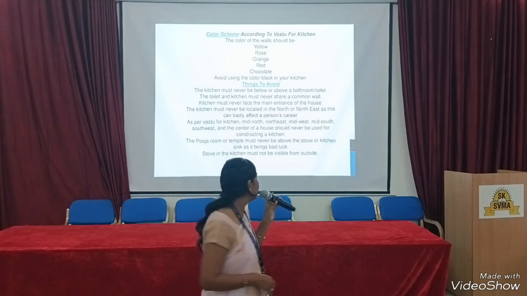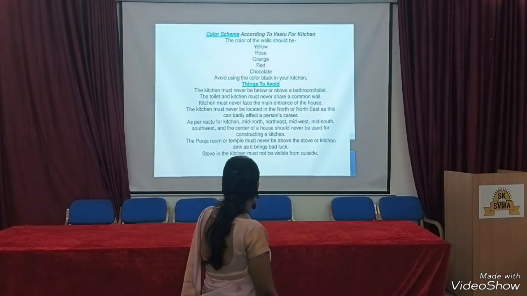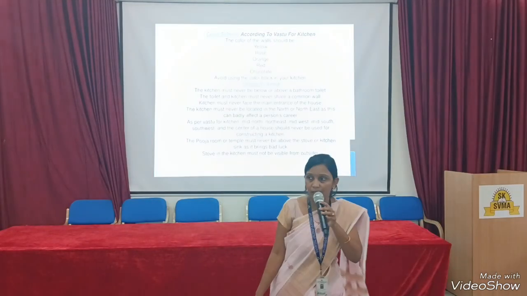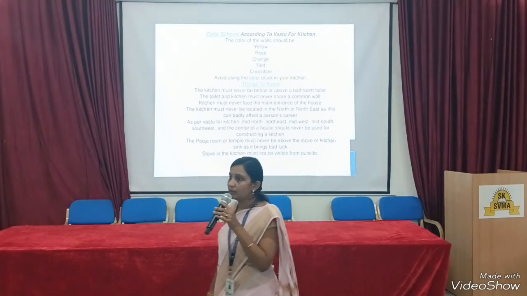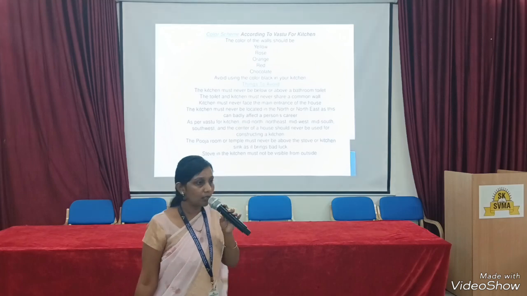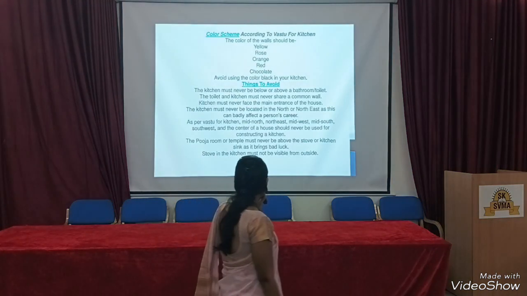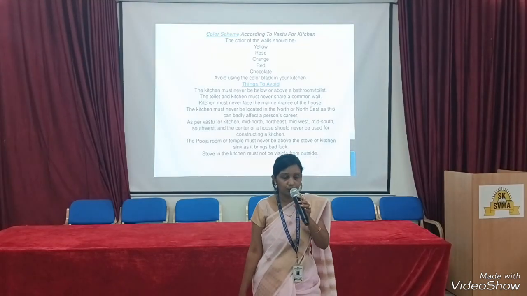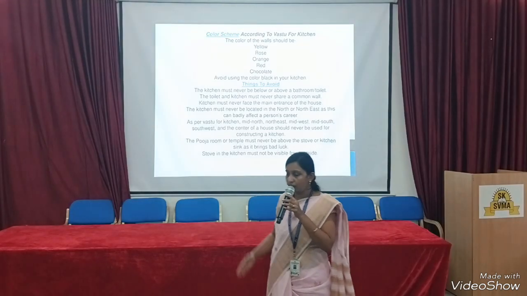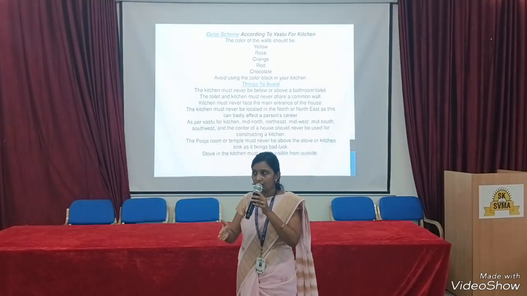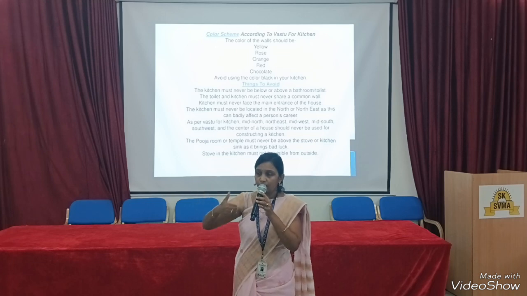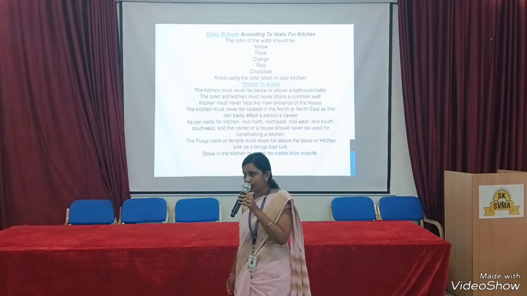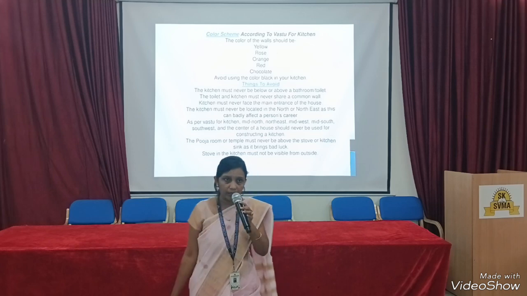Next, the toilet and kitchen must never share a common wall. I already told that. And the kitchen must never face the main entrance of the house. If the kitchen entrance is exactly opposite, you should not give a main entrance door. You can avoid that.